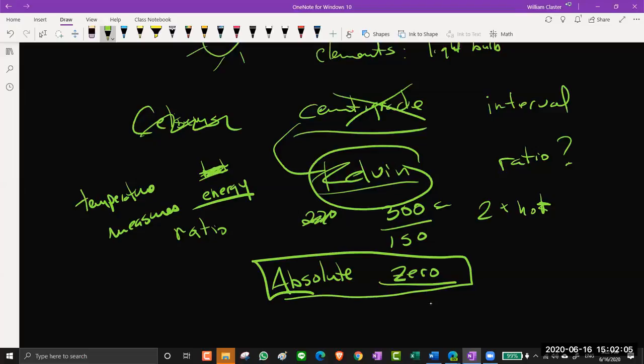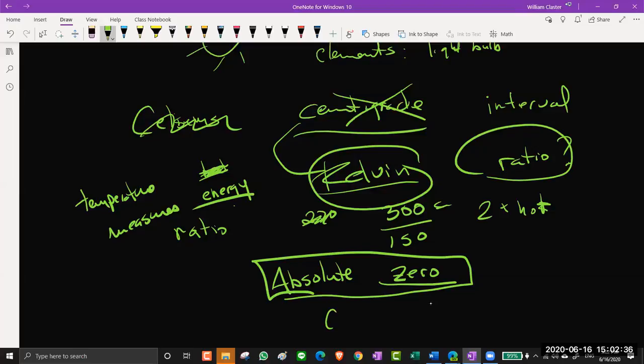It means zero energy. They're not moving at all. If you have a zero that indicates the absence of the thing you're measuring, that is ratio. For Kelvin, absolute zero literally means zero energy.